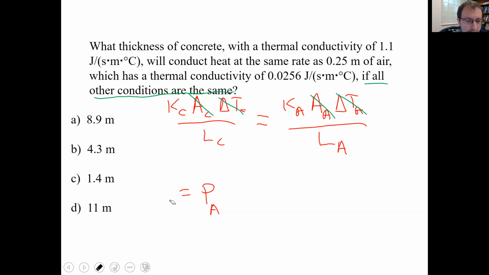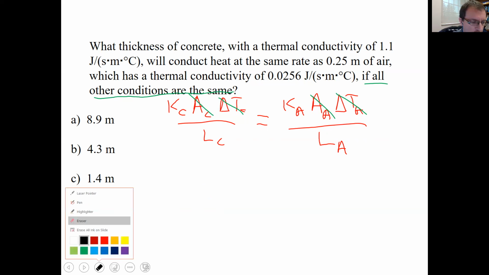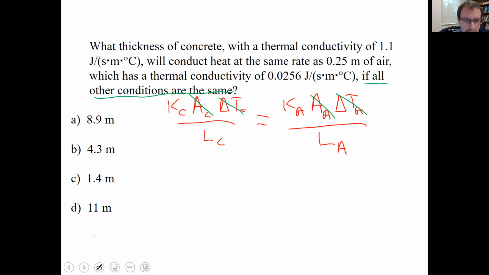As a result, I'm going to be left with k concrete over L concrete is equal to k air over L air. I can now cross multiply: L air times k concrete equals k air times L concrete.